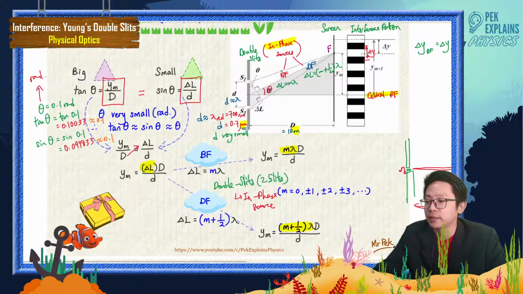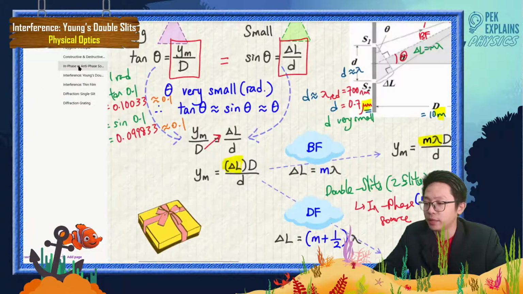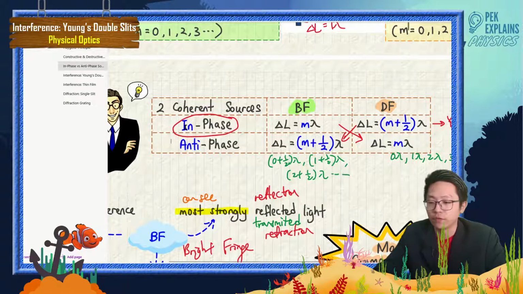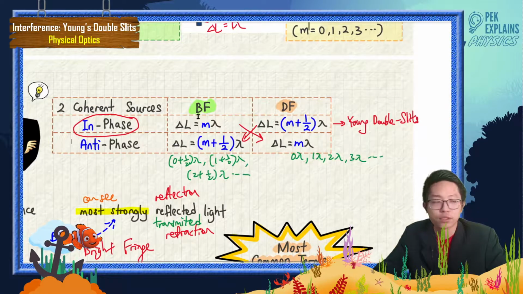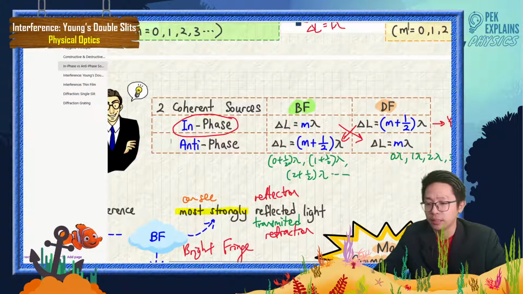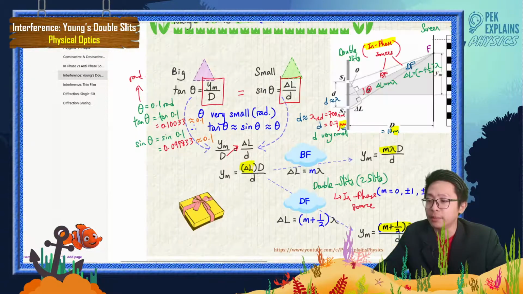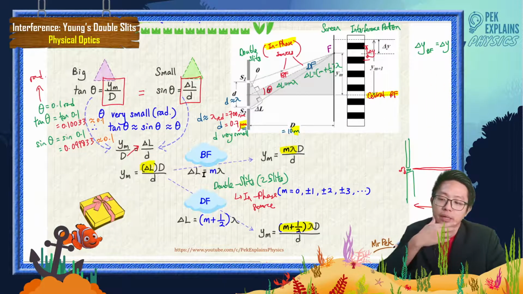If in-phase, what you have learned before is that the delta L for bright fringe must be m lambda, and the delta L for dark fringe must be m plus half lambda. Okay, that's for double slits.